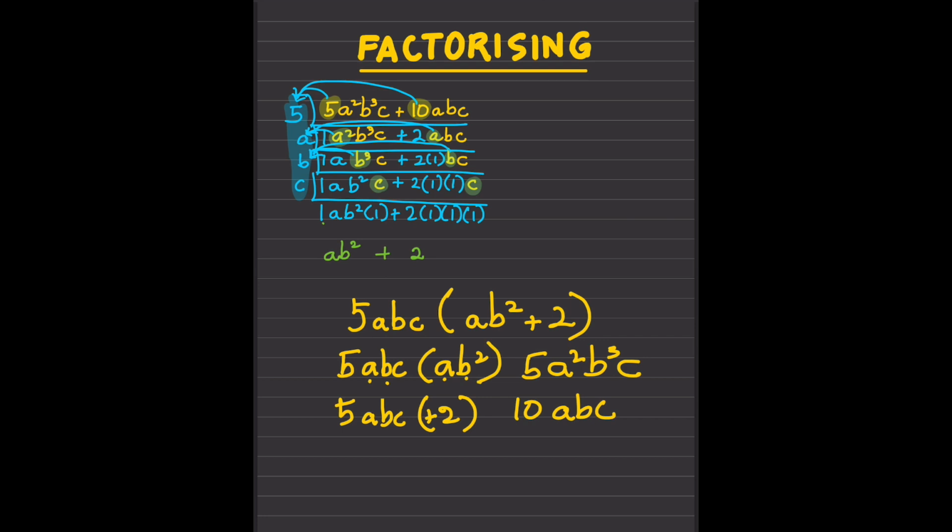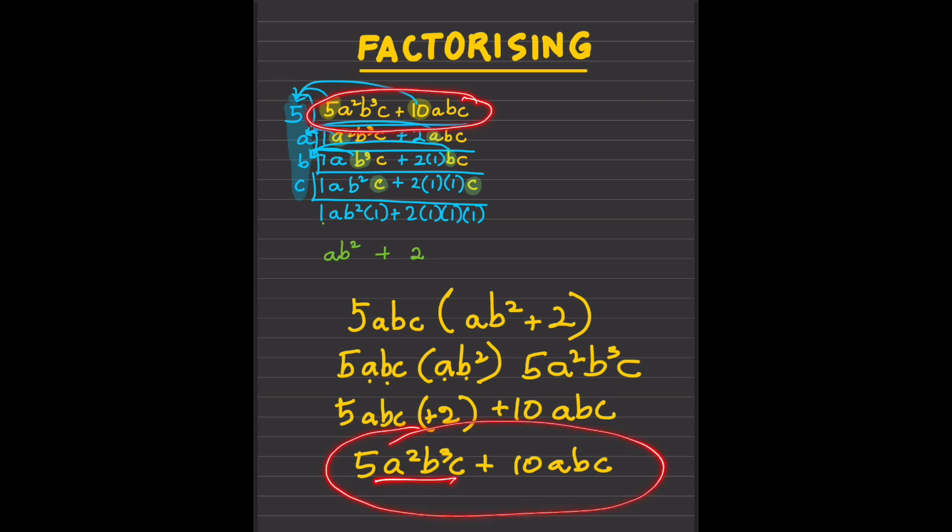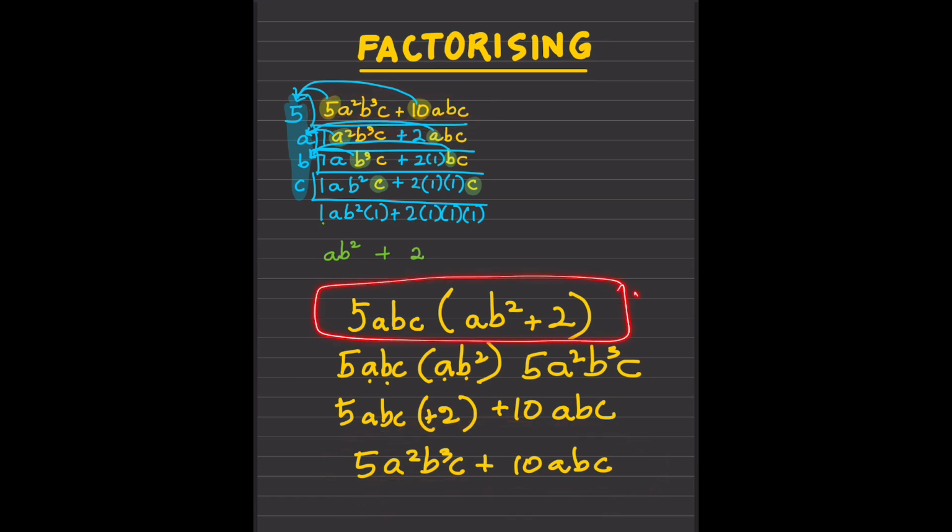Put it together, we have 5a squared b to the third c plus 10abc, which is exactly the same as this one. See? 5a squared b to the third c, plus 10abc. So this means that your factorizing was correct.